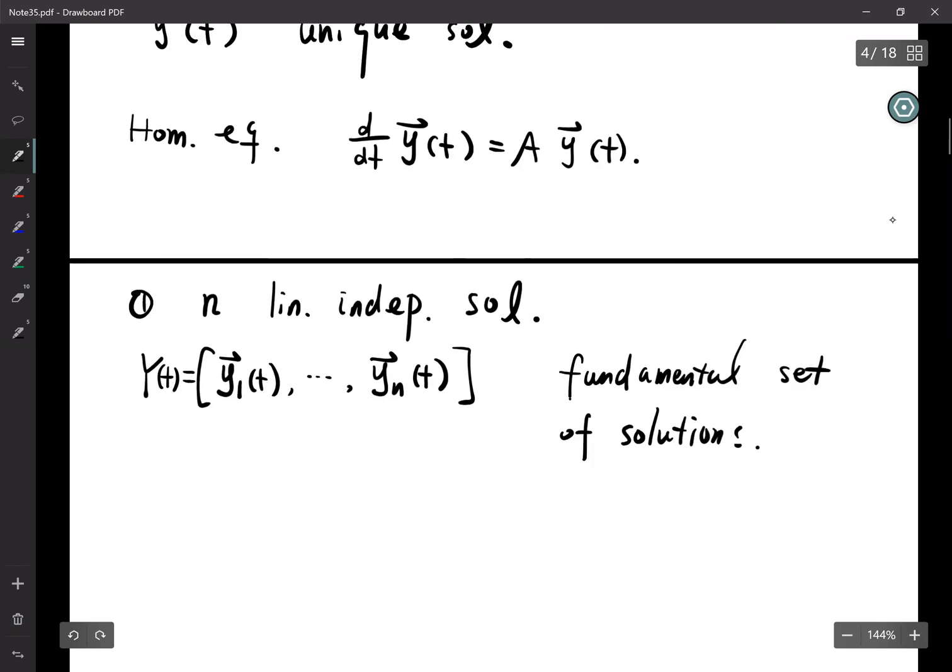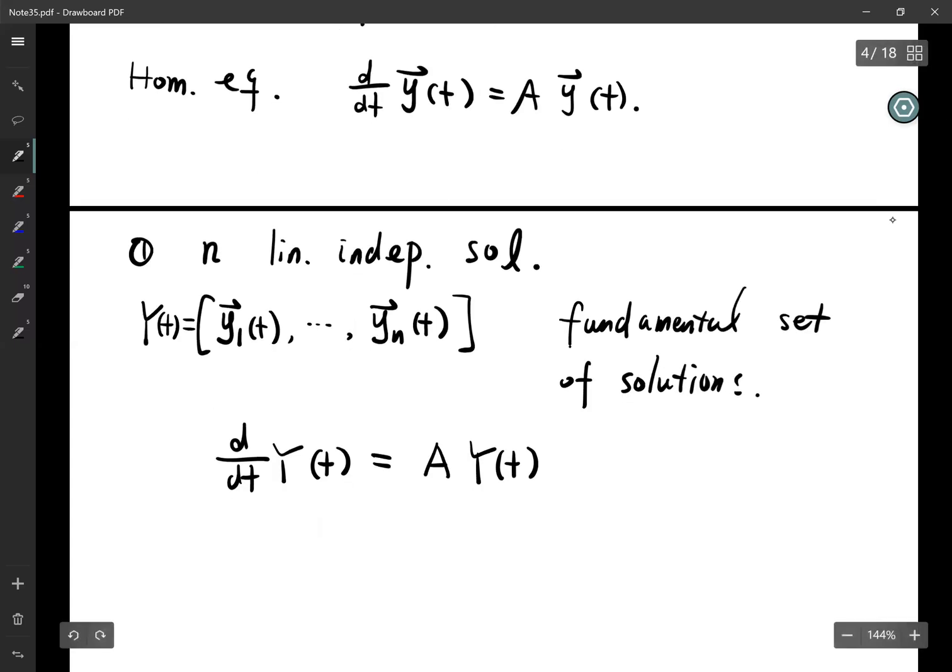The reason why it is fundamental is because I look at the derivative. It's just taking the derivative for each one, and this is Y(t). It satisfies this equation. And I also ask it to satisfy Y(0) equals an identity matrix.